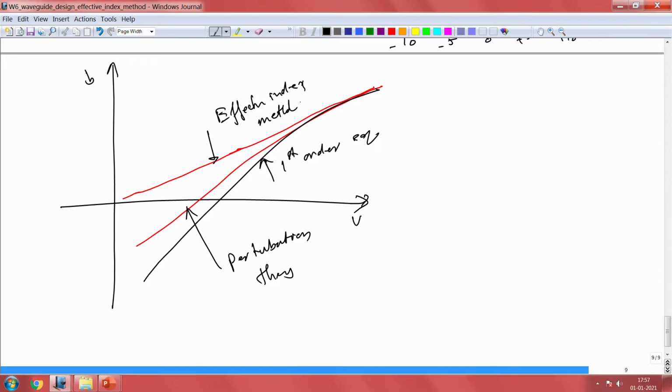So, what we have shown in this understanding is that by using effective index method, we should be able to convert the two dimensional waveguide structure that we had with certain height, certain width into a flat slab like structure, and use the characteristic equation that we already know. So, use that to solve for the effective index. So, effective index is what you are trying to look at.